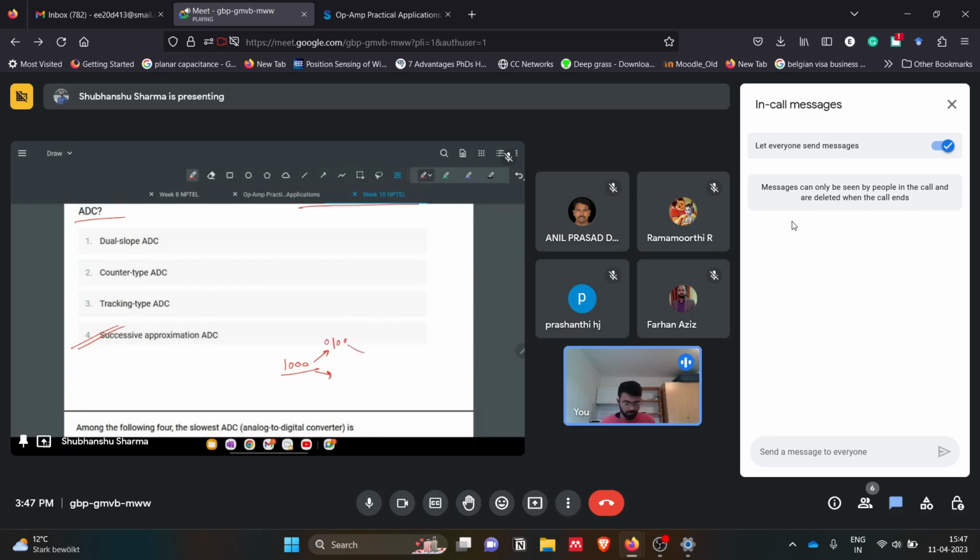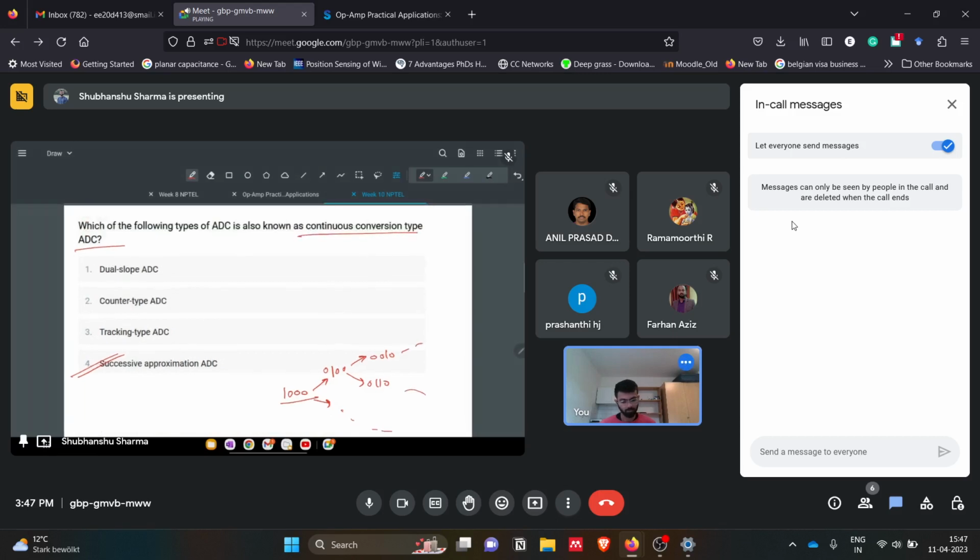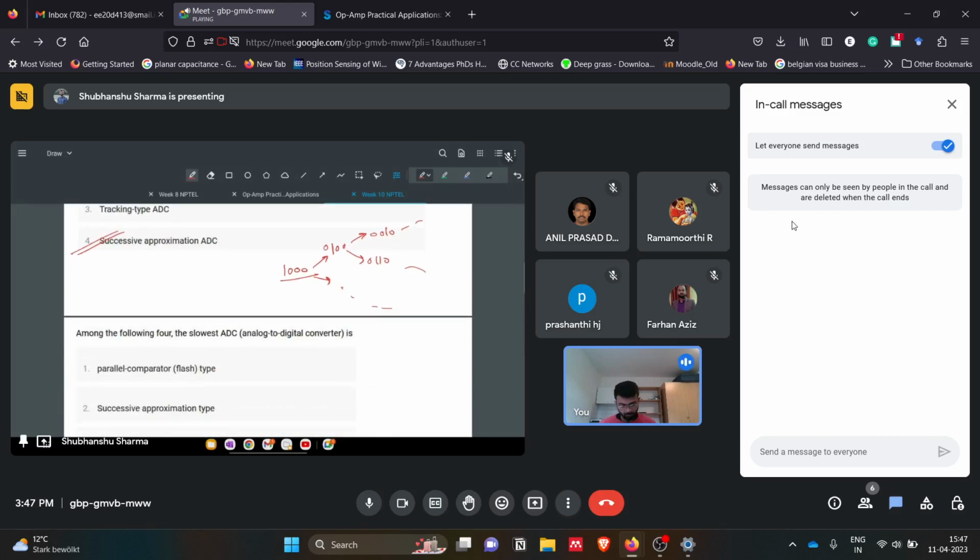If it is less than this, then it will go like 0 1 1 0 0 0 1 0, and so on. So continuously it is solving whatever input you give, converting it into the digital domain.